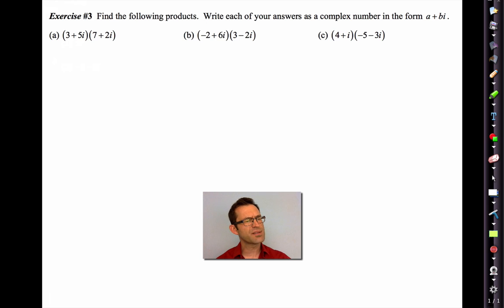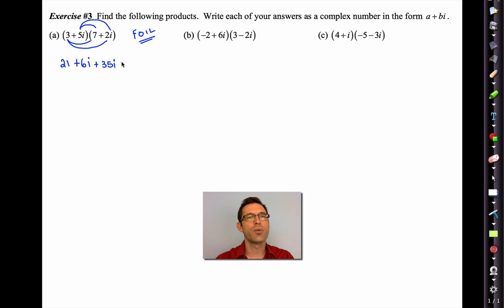All right, let's go through it. Now, what I'm hoping is that you treated this almost like a FOIL problem. By that I mean I hope you did 3 times 7, which gives you 21, 3 times 2i, which will give you 6i, 5i times 7, which will give you 35i, and 5i times 2i, which will give you 10i squared.